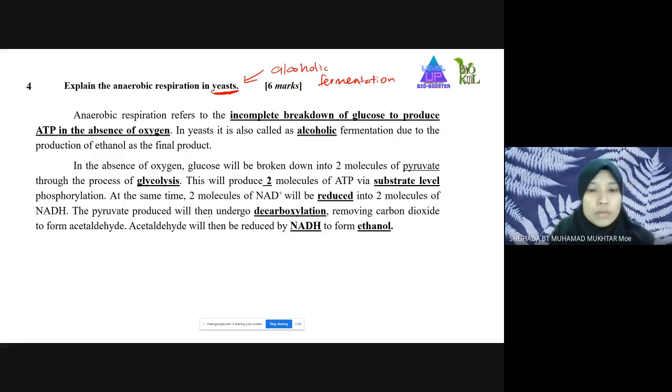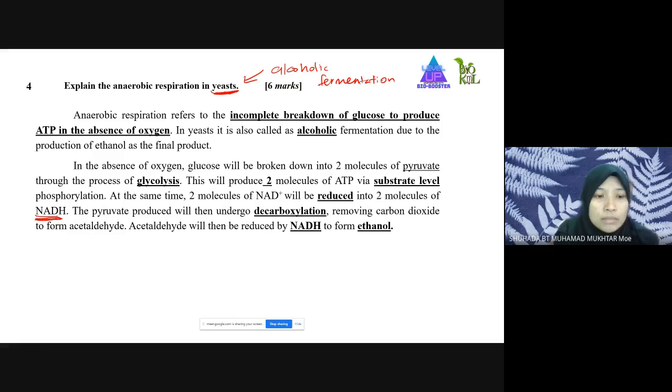Lepas tu baru mention macam mana alcoholic fermentation tu berlaku. In the absence of oxygen, glucose will be broken down into 2 molecules of pyruvate. So here is about glycolysis. This will produce 2 molecules of ATP via substrate level phosphorylation. At the same time, masa dalam glycolysis tu awak hasilkan NADH juga.